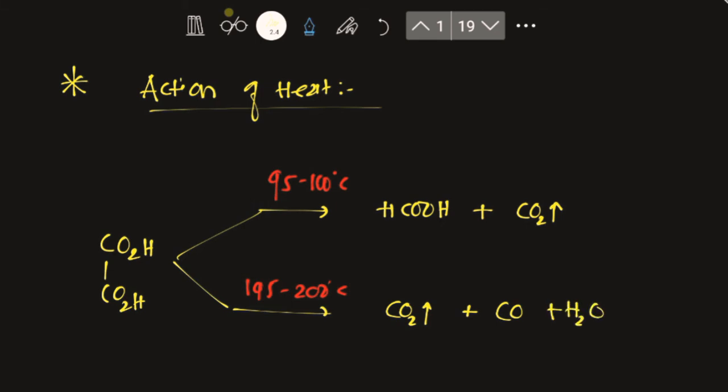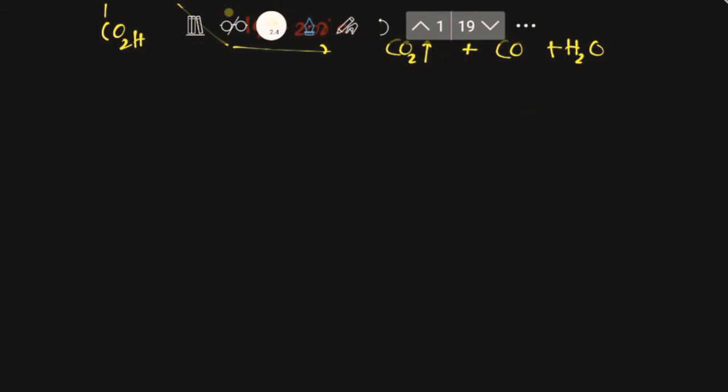So by applying different temperatures, it shows different products. This first compound is called a dicarboxylic acid, and it can be simply represented in this fashion.